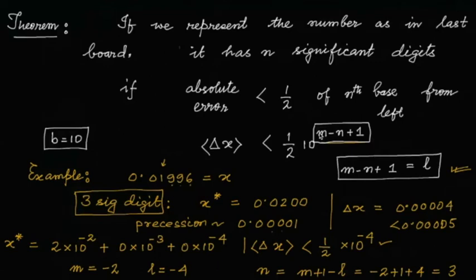Intuitively, it is clear why it will be half here, because you remember that when you are calculating absolute error, there is a modulus. So the absolute error can never be greater than half.